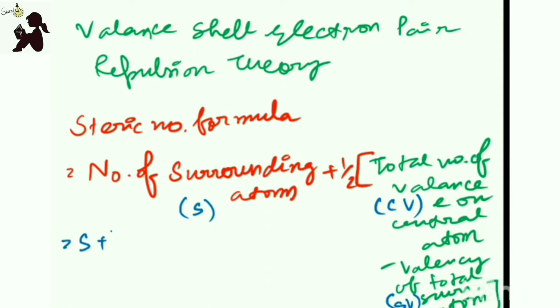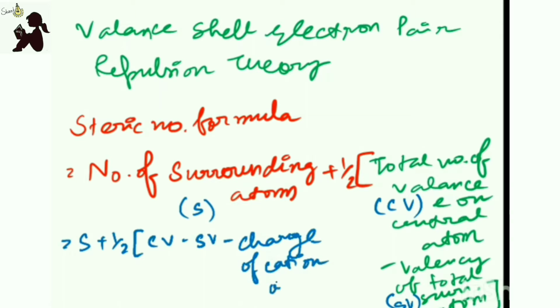So we write S plus half into CV minus SV minus the charge of that cation or anion, with its numerical value and sign. If a cation is added, it has a plus value, so it will remain minus. But if an anion is added, it will be plus, because minus minus is plus. So this is the steric number formula.